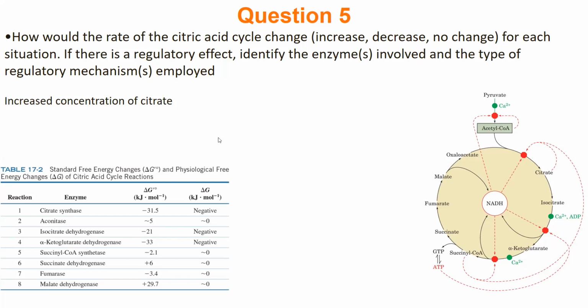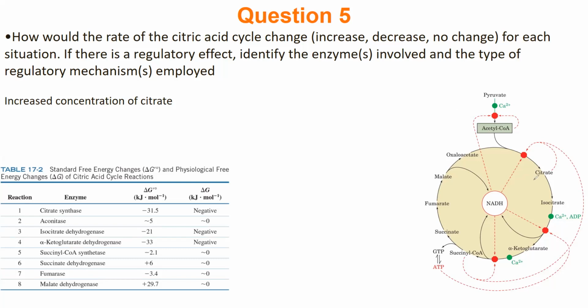All right, so hopefully you had some time to review what we talked about, and let's go over this one by one. So let me stop this poll. All right, so this image on the right is going to be our guide, right? This is telling us how different things affect the flux of the citric acid cycle.